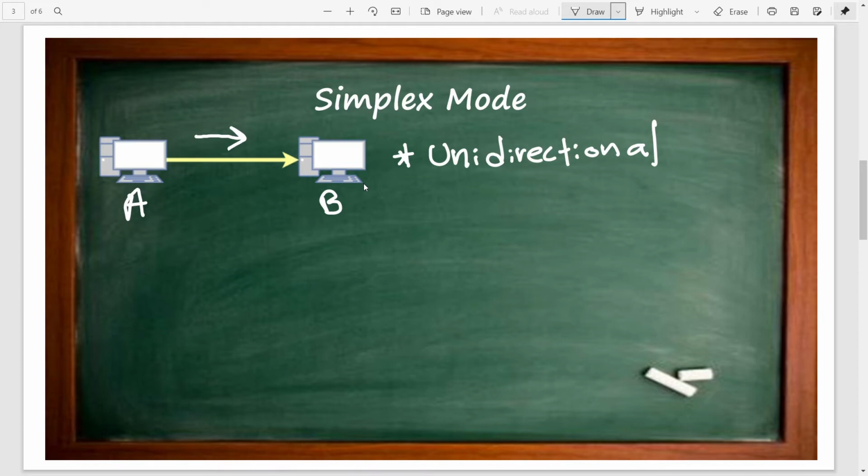Every time A is sending data, but A is not receiving data. We can point this out like this: sending device never receives data.